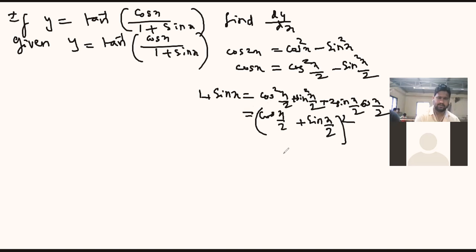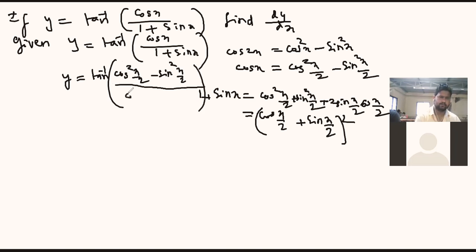So now substitute these two. That is 1 plus sin x is cos x by 2 plus sin x by 2 bracket square, and cos x is cos square x by 2 minus sin square x by 2 here. That is y is equal to tan inverse of, now substitute and get the answer. Cos x is cos square x by 2 minus sin square x by 2, divided by cos x by 2 plus sin x by 2 bracket square.